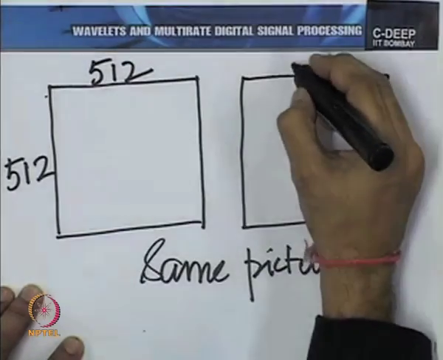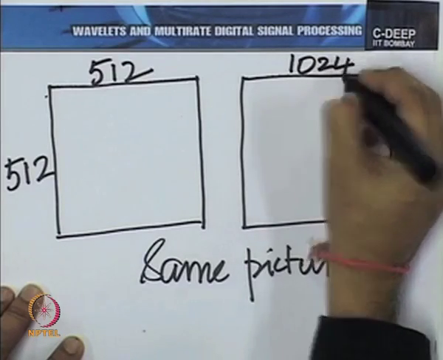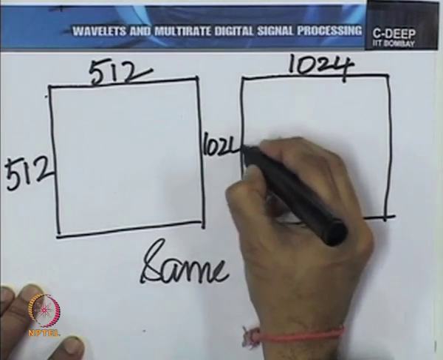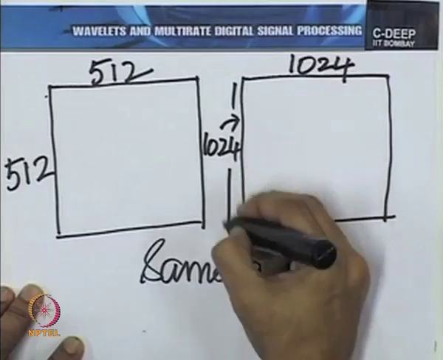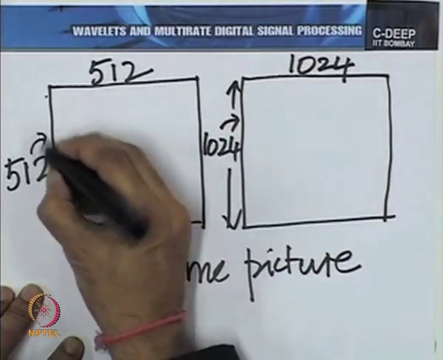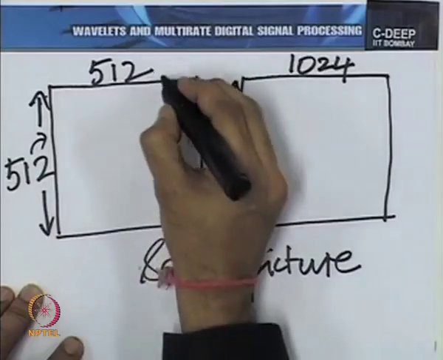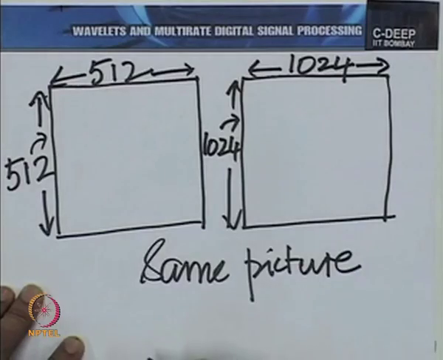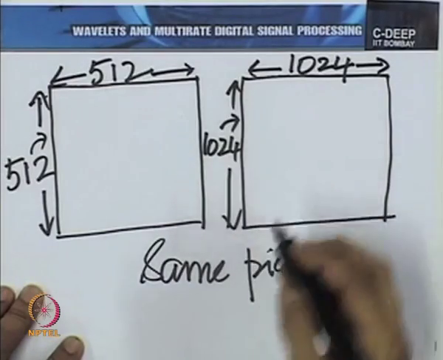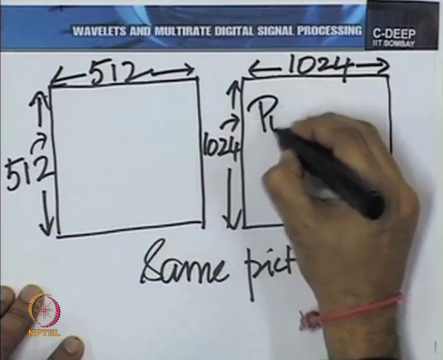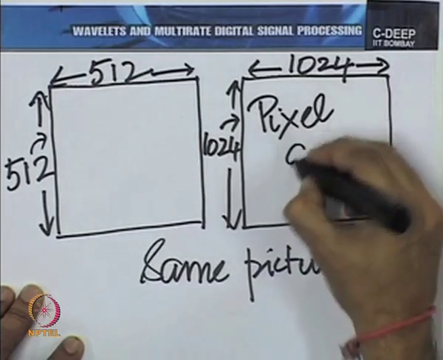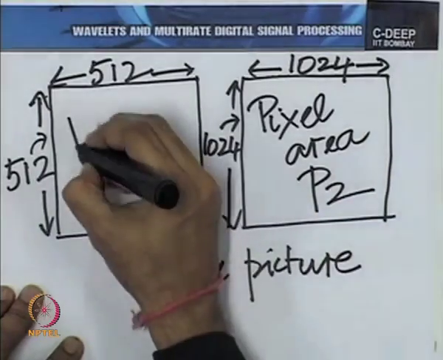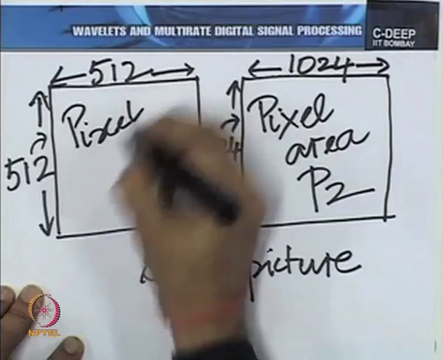In this case, I make a division 1024 cross 1024. Now, obviously, let us say the pixel area here is P 2 and the pixel area here is P 1.